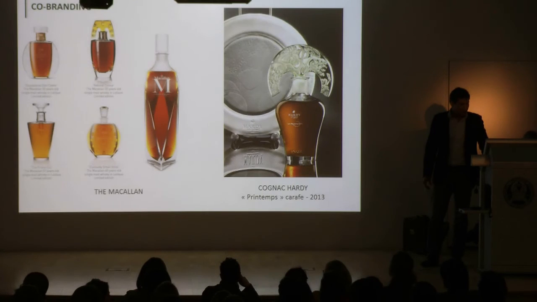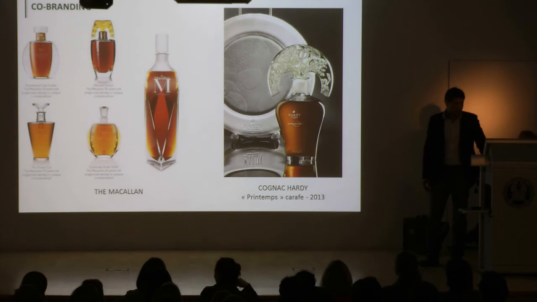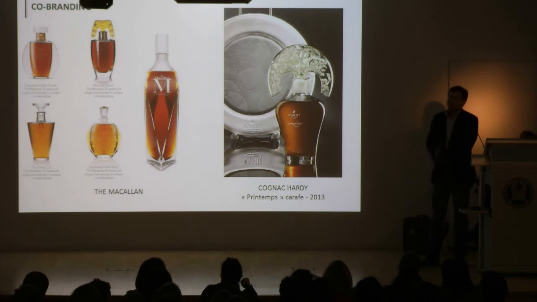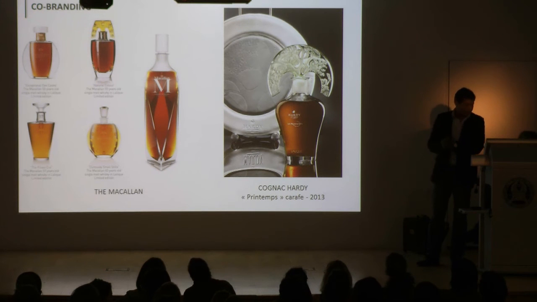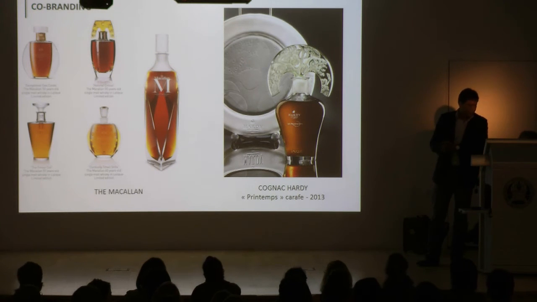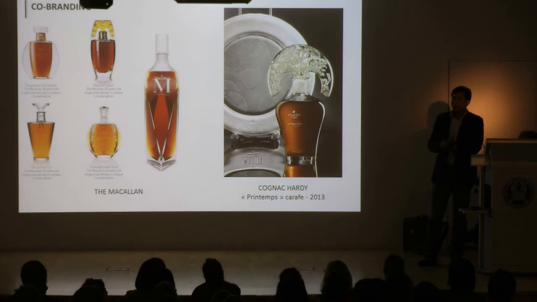But just to give you again more of an overview of what Lalique is doing today. We're doing co-branding, working with big names in the industry, for instance here Macallan. We're making big, unique decanters for Macallan. In October last year, there was a Christie's auction, and we have the worldwide record for the most expensive decanter: 600,000 US dollars.